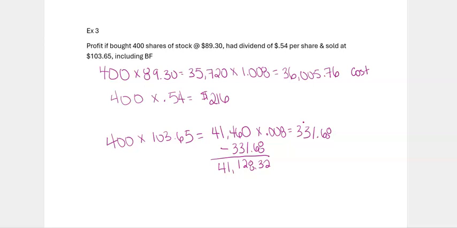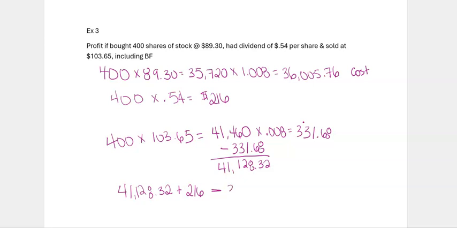So basically, I want to know what my profit is. So $41,128.32 is what I sold it for. Plus, I made a profit of $216, but then I have to subtract what I bought it for.